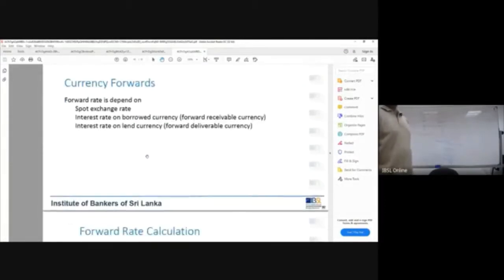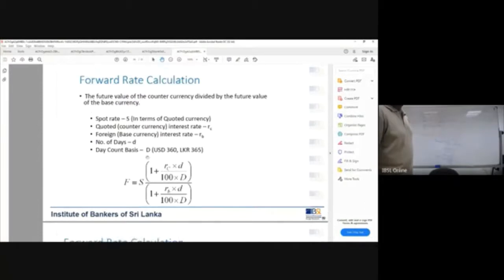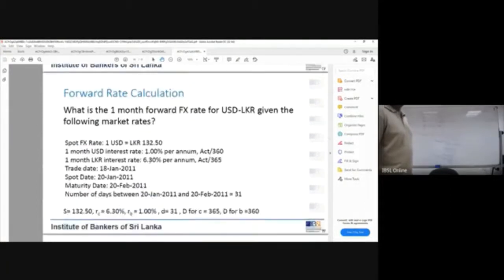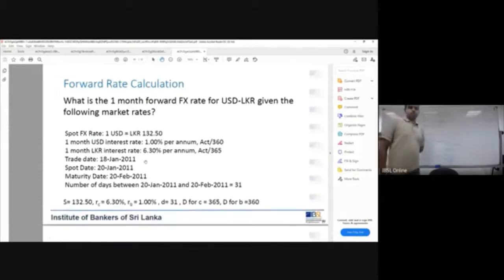Forward rate depends on spot rate, interest rate of the two currencies. Yeah, so let's try this calculation. You need to remember the formula.